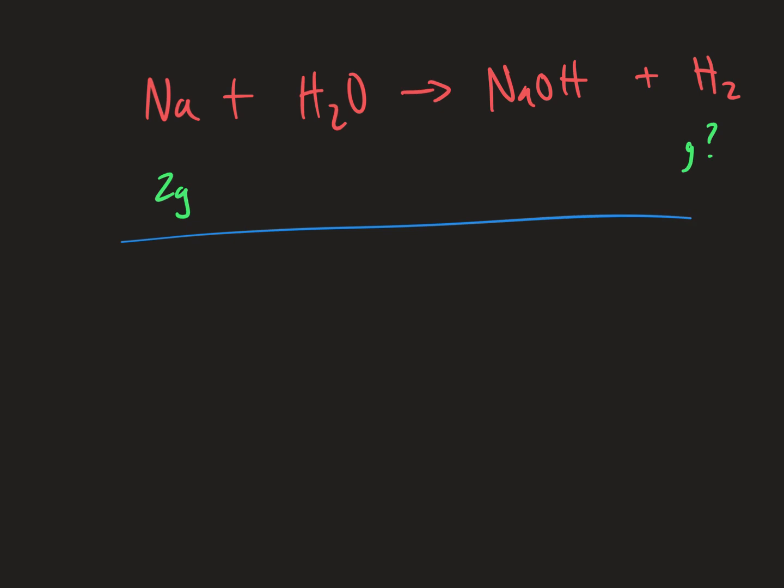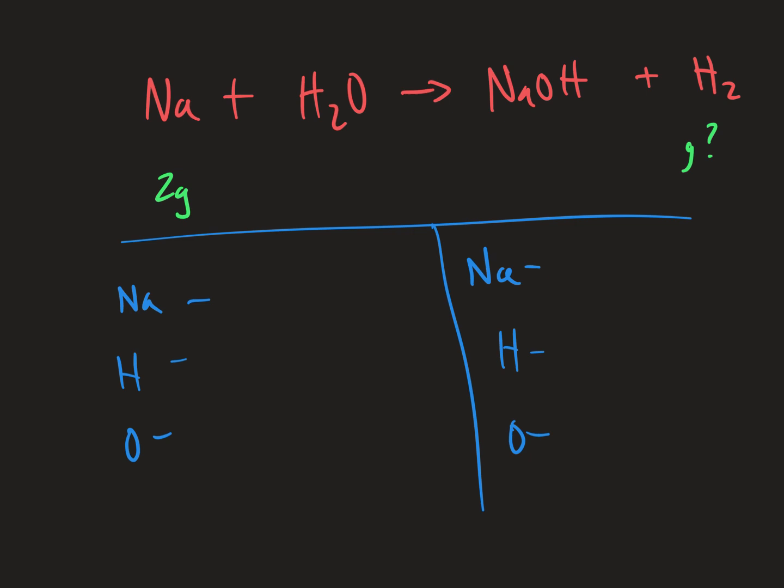Okay, I'm gonna start here. So we have sodium, hydrogen, and oxygen. So where's a good place to start? Well, if we look at sodium, it's balanced. Oxygen's balanced. Looks like we have to start at hydrogen. You see that?